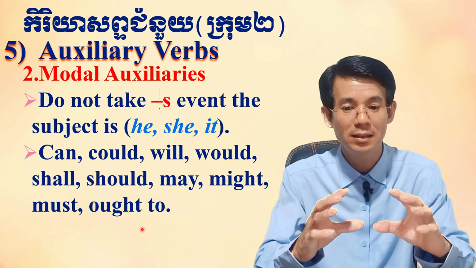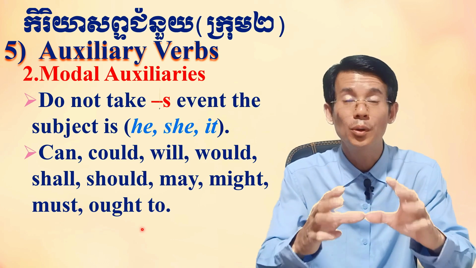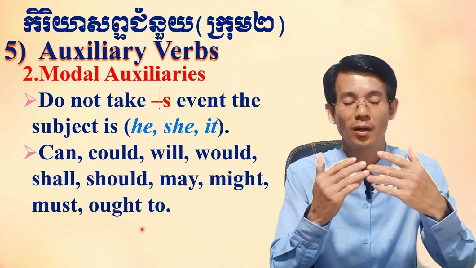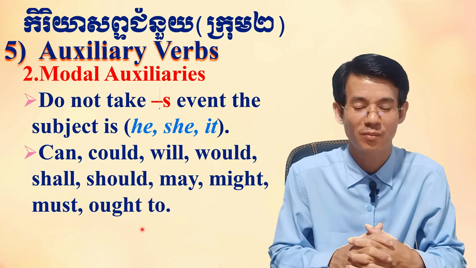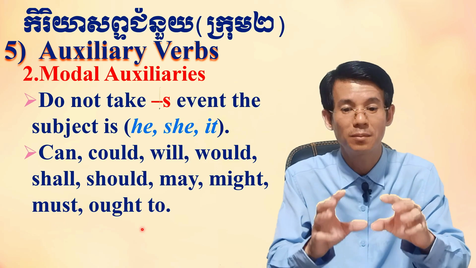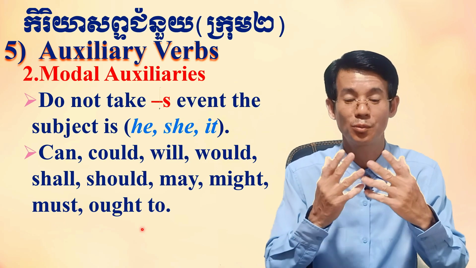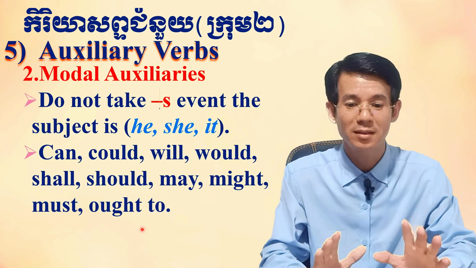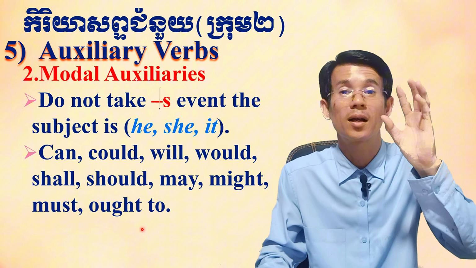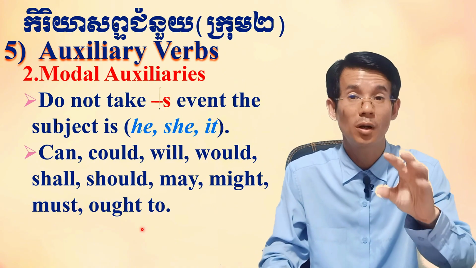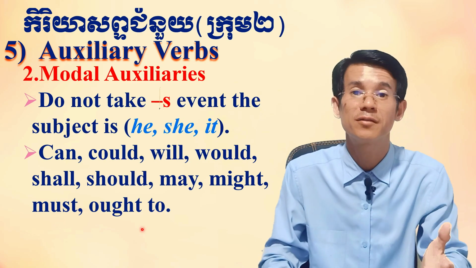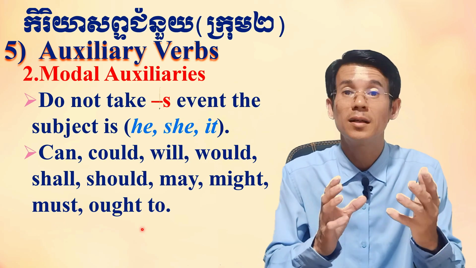Okay, these are the modal auxiliary verbs, which are the second type of auxiliaries. But I am not going to explain each of them in this video because I don't want the video to be too long. In this lesson, I just want you to understand what modal auxiliary verbs are, how they are different from the main verb, and what they include.